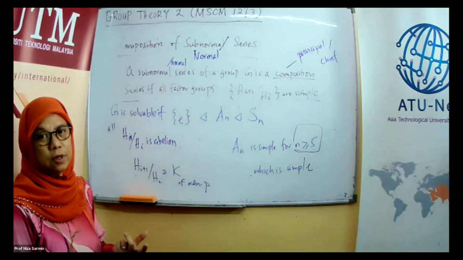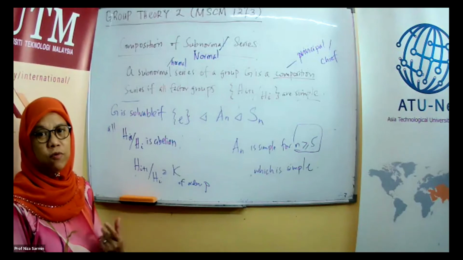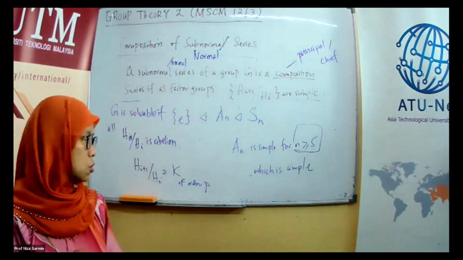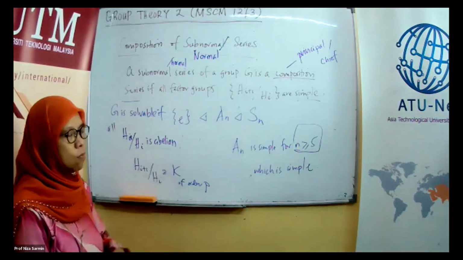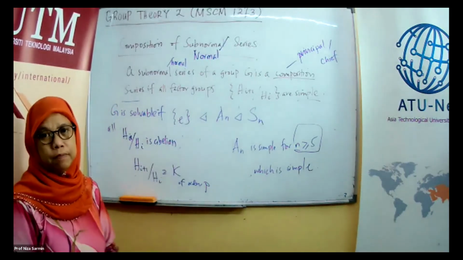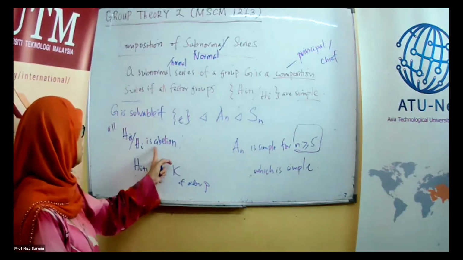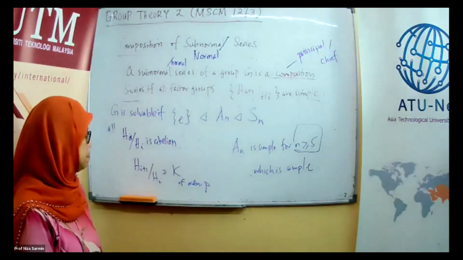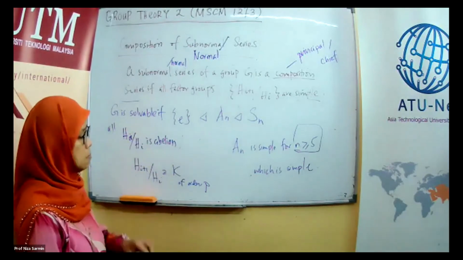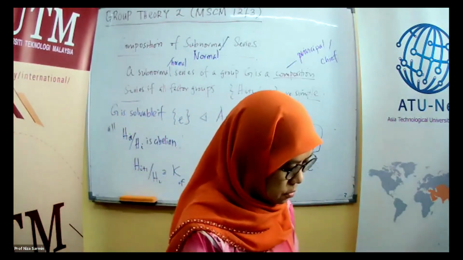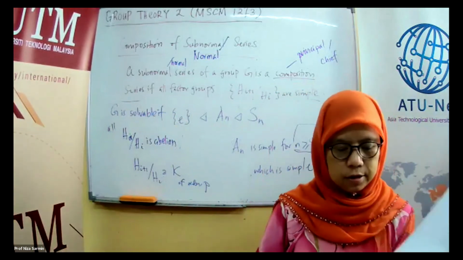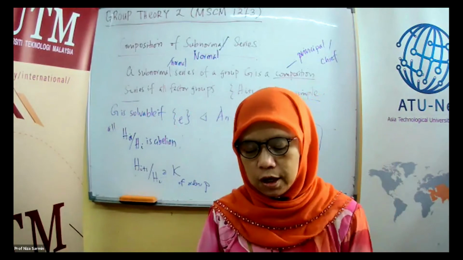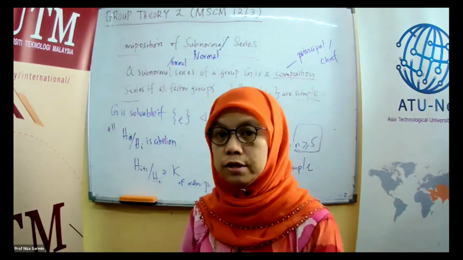Zp, prime, or cyclic, they're all abelian. Or the order is 4. So this is okay. You can go through and look at the examples. Now, I want to start with group action.